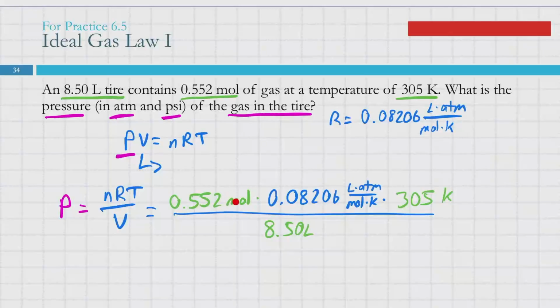So we've got moles, and in the bottom of our units for our R value, we also have moles. We've got Kelvin down there. We've got Kelvin up here. Kelvin cancels Kelvin. In the top of our units for R, we've got liters, and we've got our volume in the bottom, which has liters. And then the unit that's left is atmospheres.